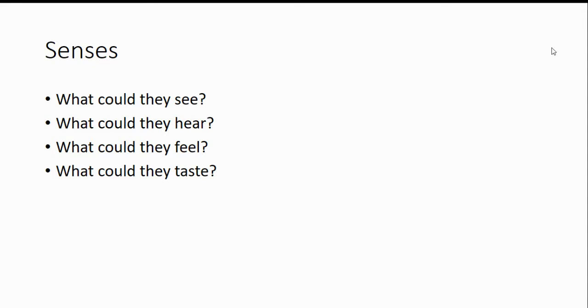Okay, so when writing a setting description, you need to think about these key questions. Essentially, you need to think about the senses. What could they see? What could they hear? What could they feel? What could they taste? If you answer all of these questions within your writing, you're going to write a really good setting description.